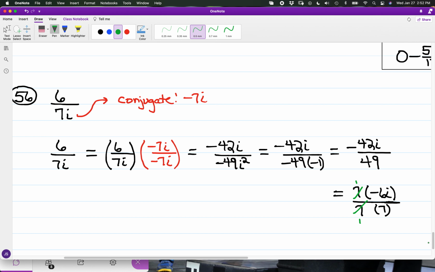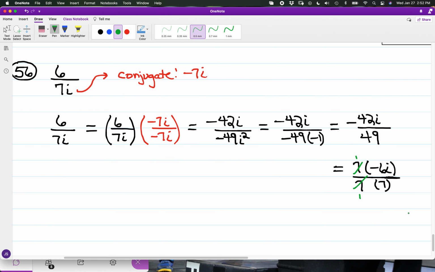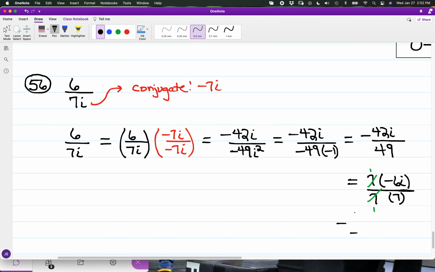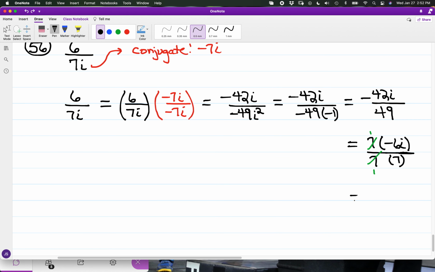So we have a set of 7s to go out. And so 6 over 7i will become negative 6/7 of i. And if I had to give the a explicitly, this would be 0 minus 6/7 of i.